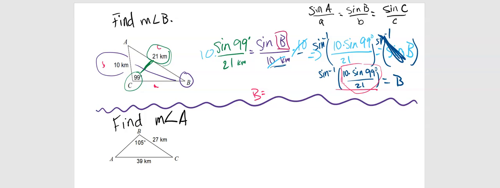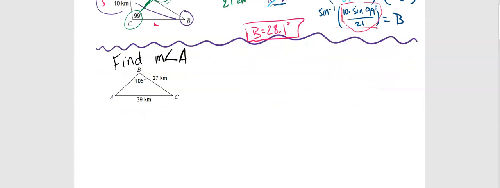And the angle measure that I'm getting, and I'm going to round to one decimal place just to make it a little bit more concise here, I have 28.1 degrees when I round. So that would be my answer for that first problem.